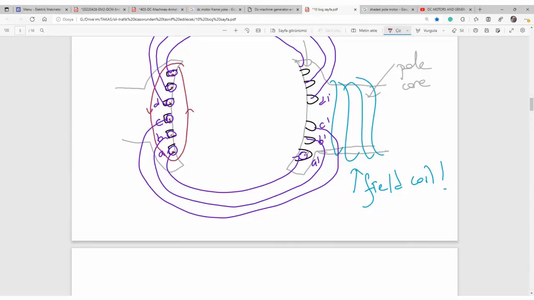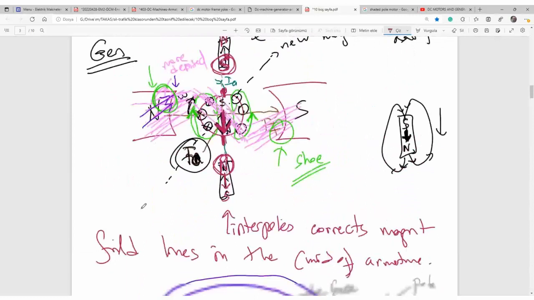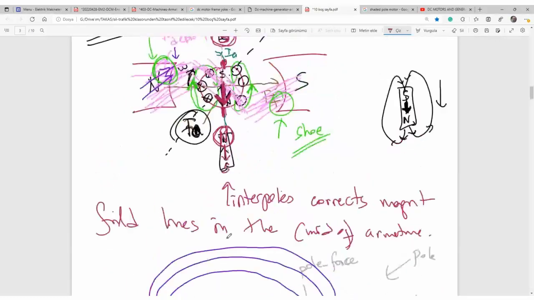Here they are cross. Cross means here's such a flux distribution, and such distribution will revert magnetic field back.